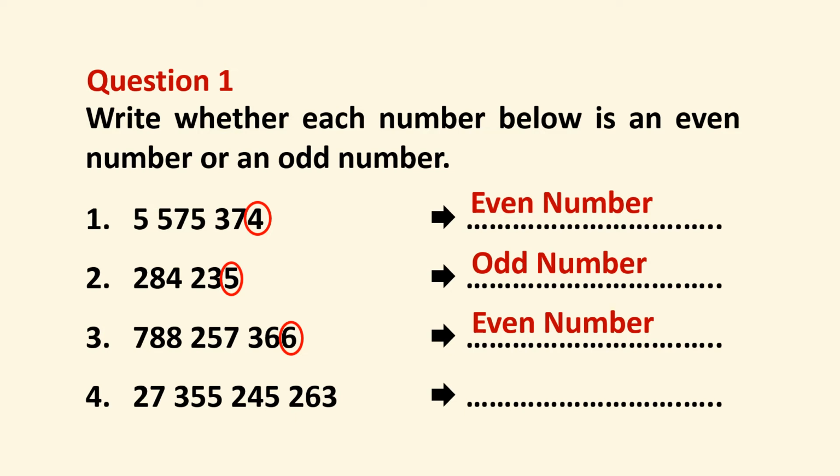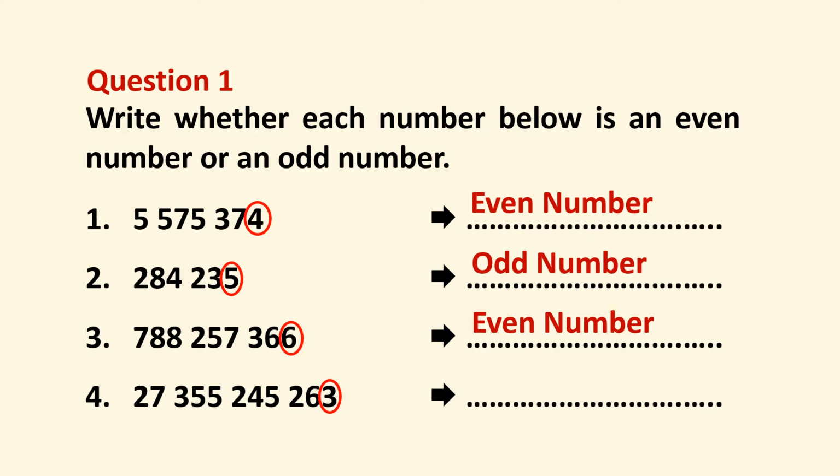Finally, 27,355,245,263. It's a long number, isn't it? In the first term, you have learned how to read these numbers. I think you can remember it by now. There, the digit in the ones place is 3.